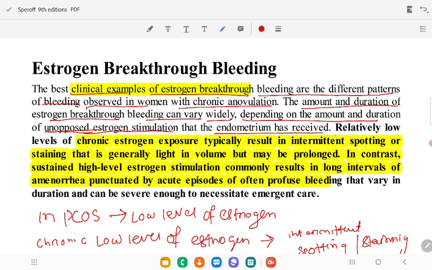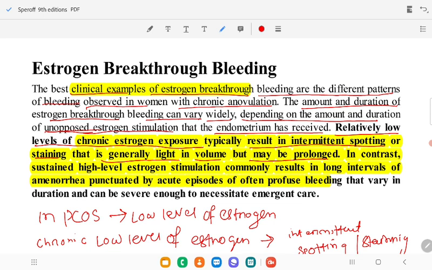If there is a relatively low level of chronic estrogen exposure, it typically results in intermittent spotting or staining that is generally light in volume but may be prolonged.